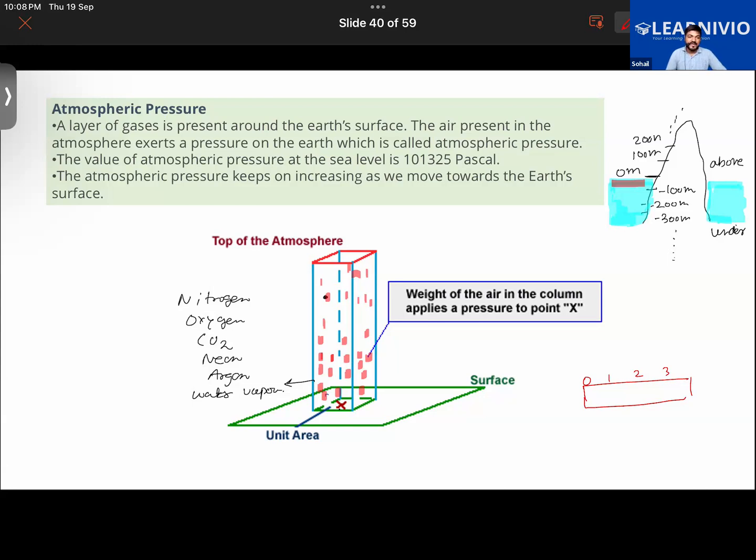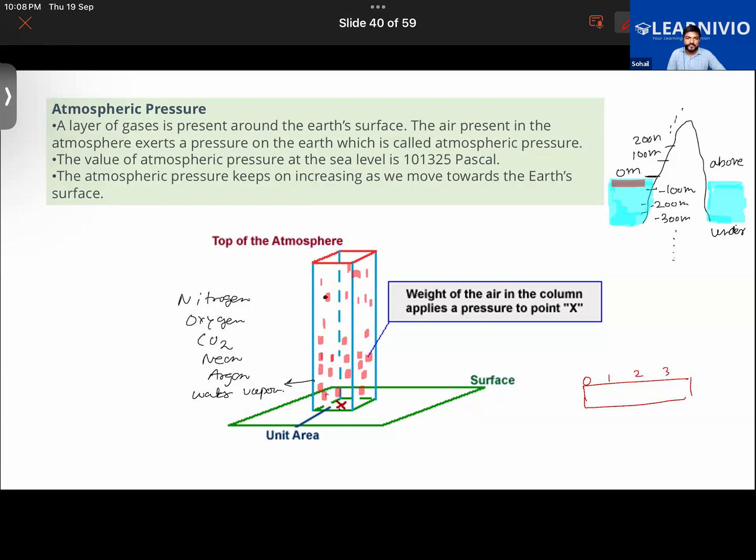Atmospheric pressure is highest at sea level because the depth of the atmosphere is maximum there. So the weight of the air column above the ground exerts more pressure on the ground here. Thereby the atmospheric pressure is greatest at sea level.